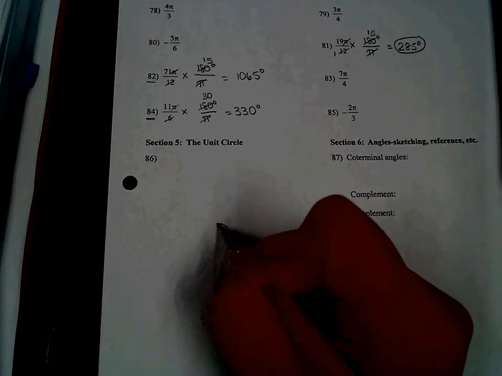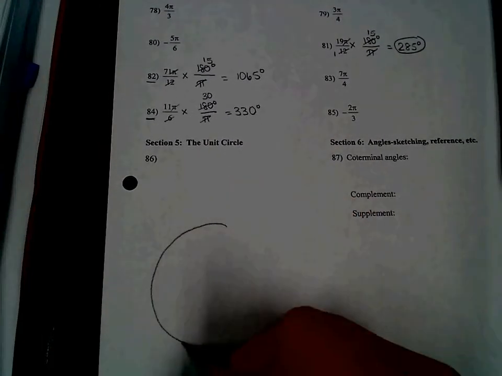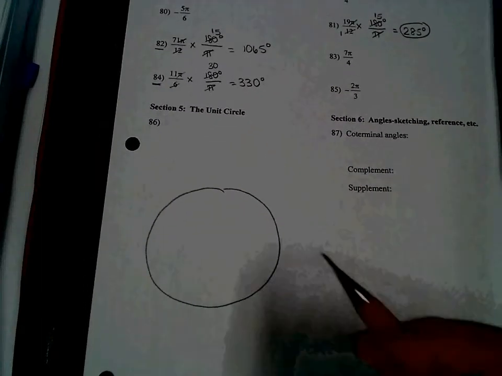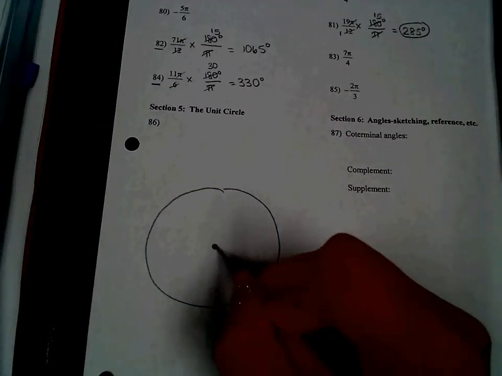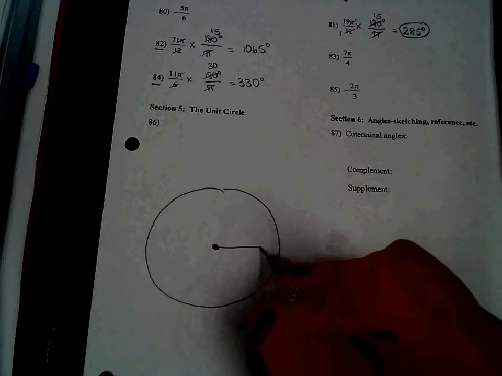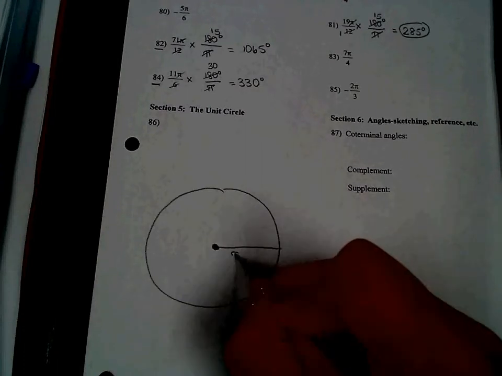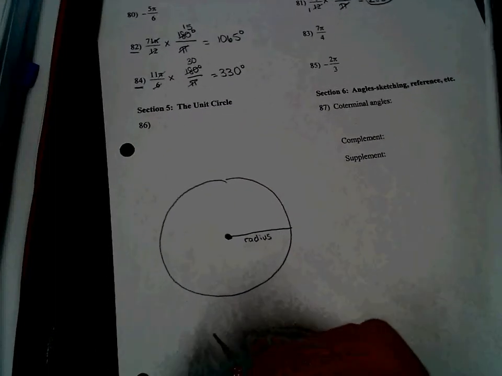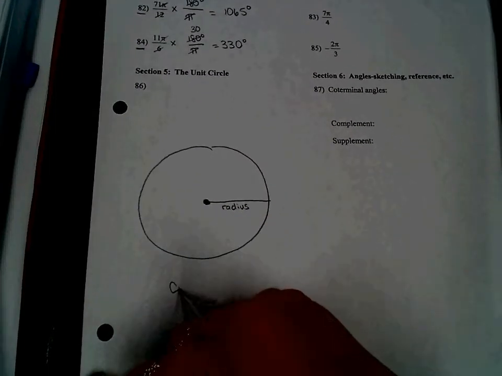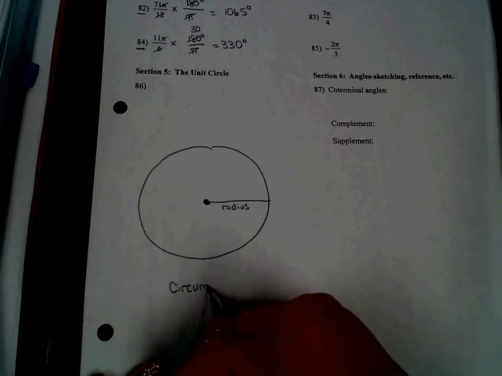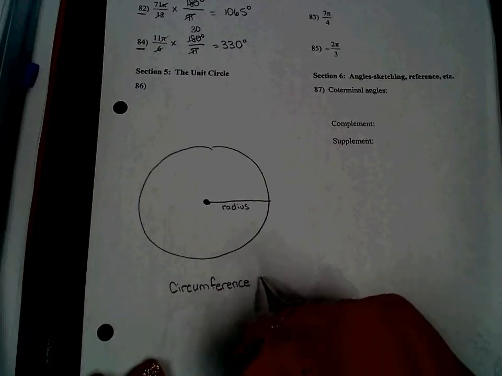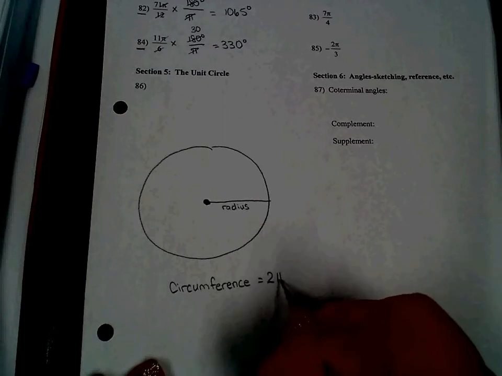So I'd like you to draw a circle, as best you can draw a circle, okay? And put a dot where the center is and mark off a radius, okay? Now, if you remember anything I taught you from geometry, and I think I taught you all geometry, maybe, circumference is 2 pi r.